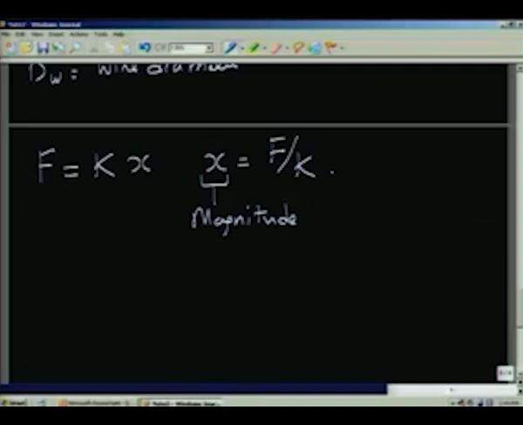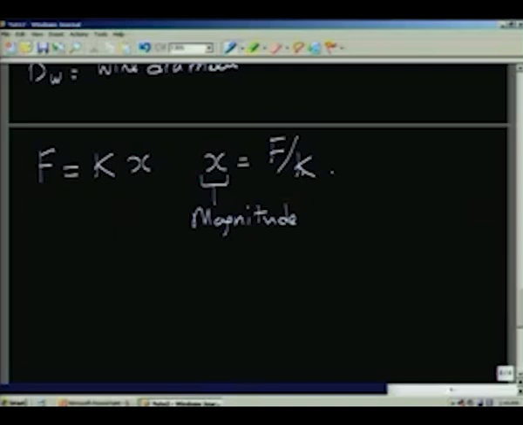If you want very large forces to be measured with a reasonable magnitude for the extension, I will have to choose the k properly to suit that particular application. And also you will see that F is the force and k is the spring constant, so the displacement is proportional to F by k.